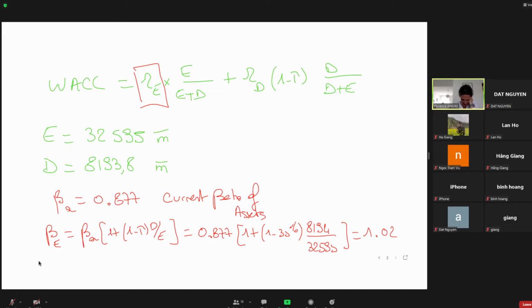Okay, so that means we have RE equals RF, which is 5, plus the levered beta 1.02 multiplied by the market risk premium, which is 5.5, I think.